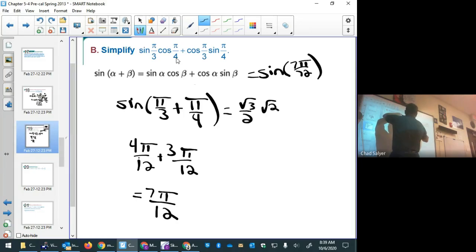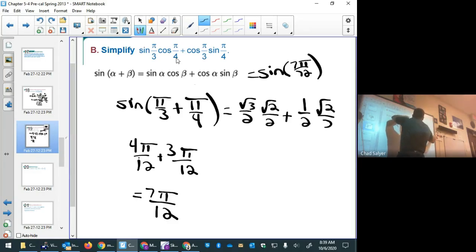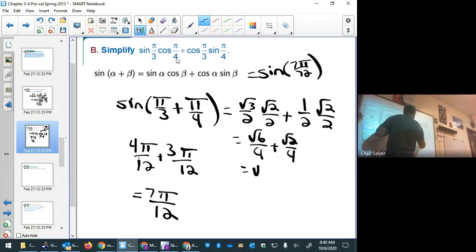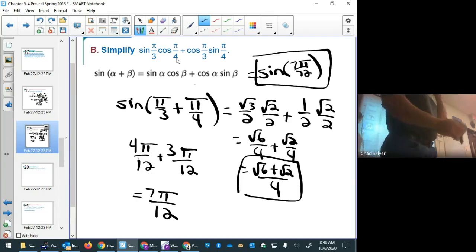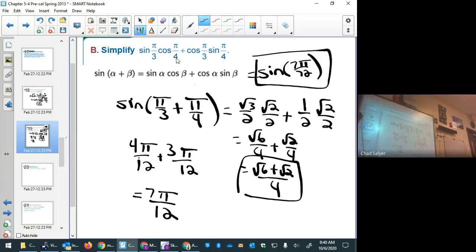Cosine of pi over 4, radical 2 over 2, plus cosine of pi over 3, 1/2, sine of pi over 4, radical 2 over 2. So that's radical 6 over 4 plus radical 2 over 4, which is radical 6 plus radical 2 over 4. So not really absolutely sure which answer they're looking for here, but either one holds true.